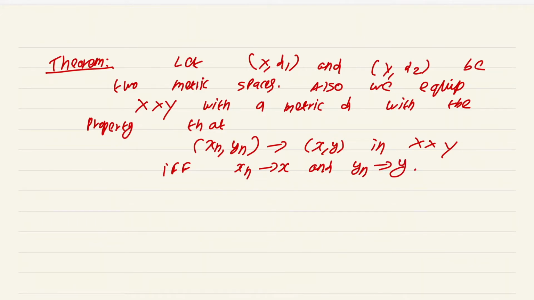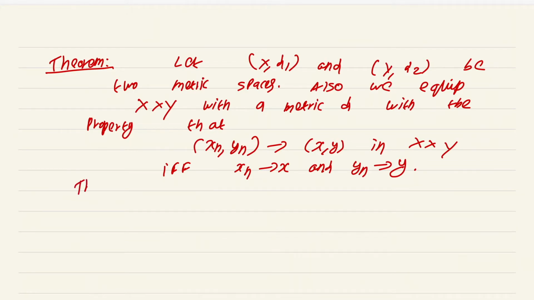Okay, then the claim is that you can completely characterize the topology of X cross Y just from the data that you have put a metric with this characteristic property, the natural one that you would expect from a product space, that a pair of sequences converge if and only if componentwise they converge.